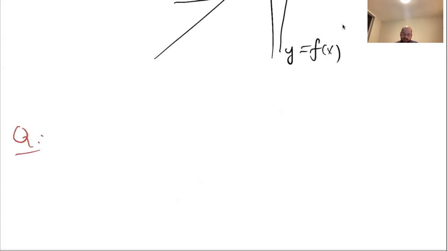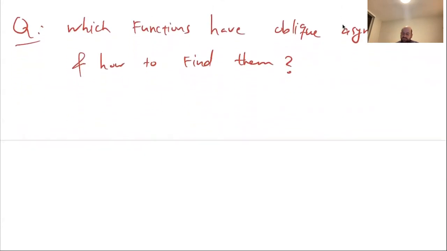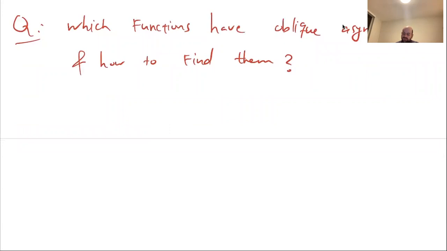Now the question is, which functions have oblique asymptotes, and how to find them? So let's find a formula for a and b, and based on that we can guess what the function must be.